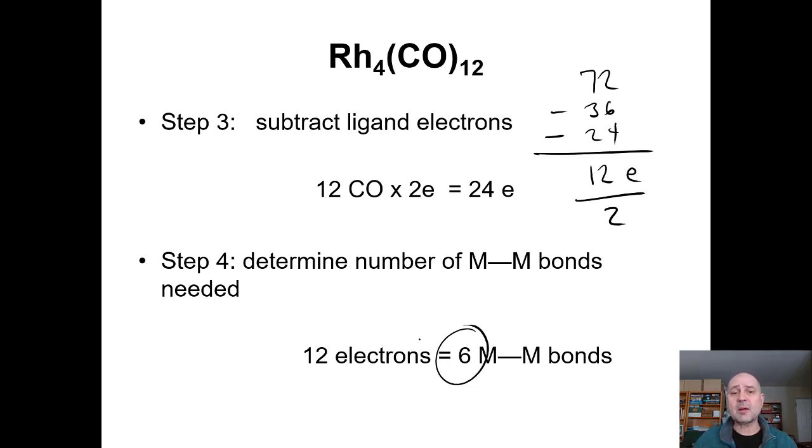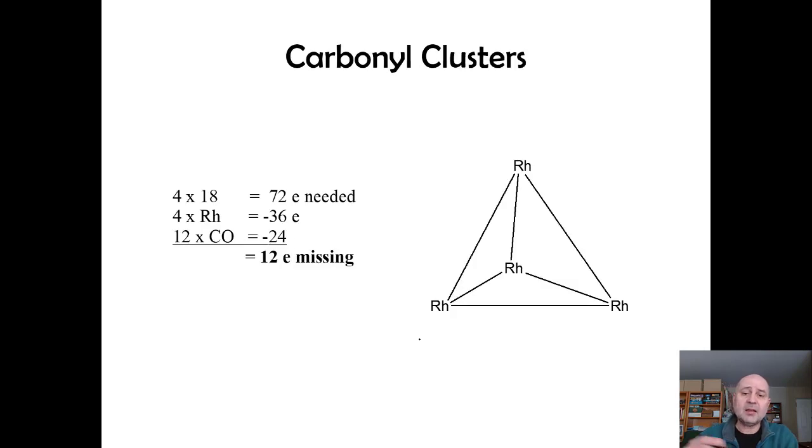So somehow there have to be 6 metal-metal bonds. In this case, you have 1, 2, 3, 4, 5, 6.